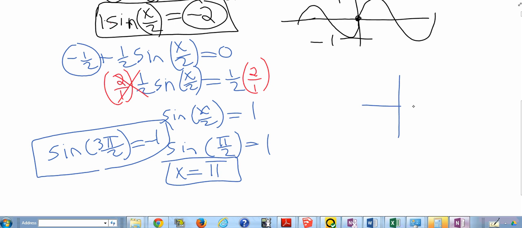Just think about the unit circle. Pi over 2, pi, 3 pi over 2, and 2 pi. So if I happen to be right down here, and I'm talking about sine, it's going to be negative. So what's the next loop around? That's 3 pi over 2.